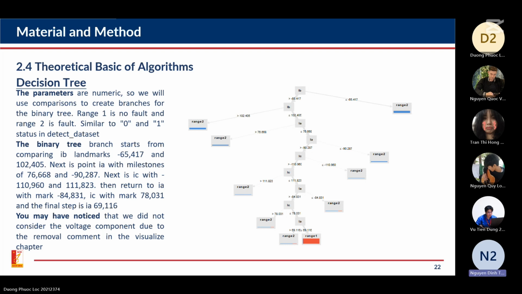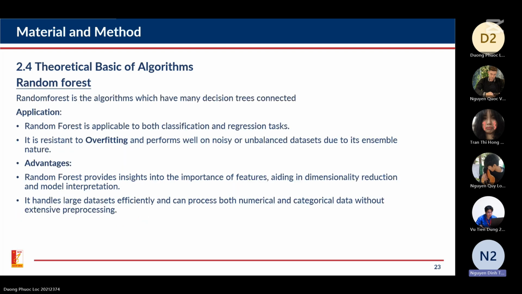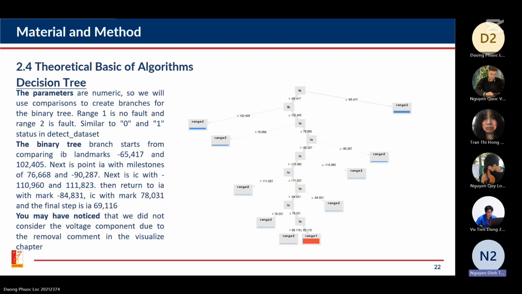And next, the current of C with about 110 to 111. Then return to the current of phase and phase B with the numbers in this slide. And the final step is the current of A at about 69.116. You may have noticed that we did not consider the voltage component due to the removal comment in the visualization chapter.